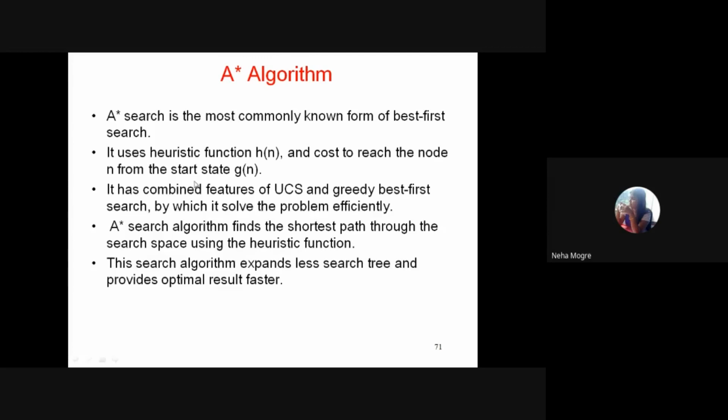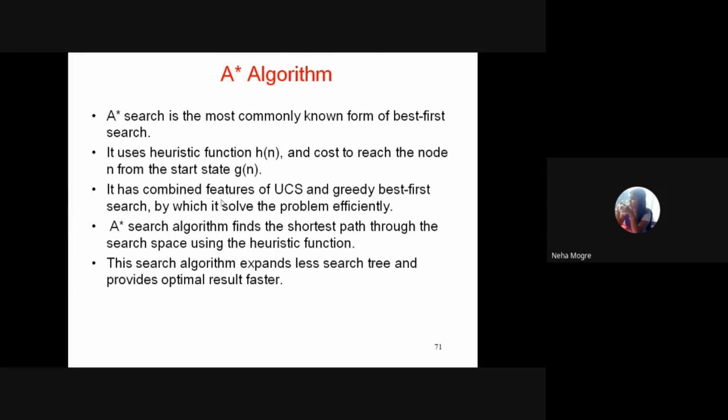So A star is the combination of uniform cost search and greedy best first search. Please remember again, it is important for your MCQ question, that it is a combination of uniform cost search and greedy best first search, by which it will solve the problem efficiently.